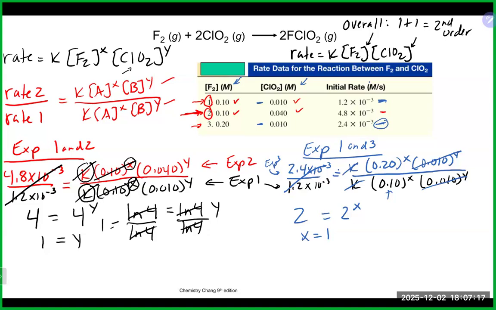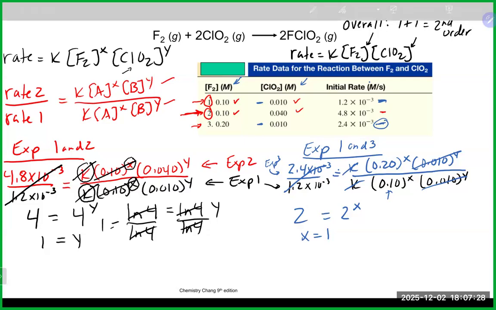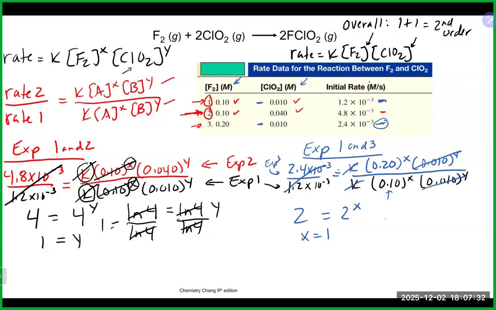Now that we did figure out the orders, we can then use the table to actually figure out the value of the rate constant. So we could take our completed rate law now, and we could put it in and solve for the rate constant, which is K. If I did that here, K would equal the rate divided by the concentration of F2 and the concentration of ClO2.